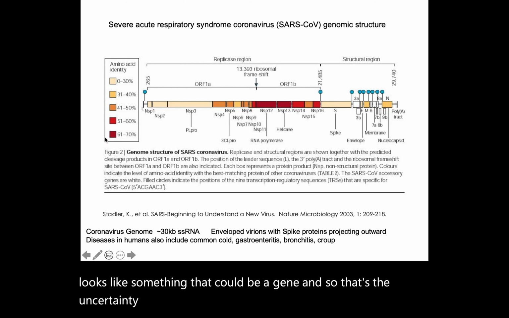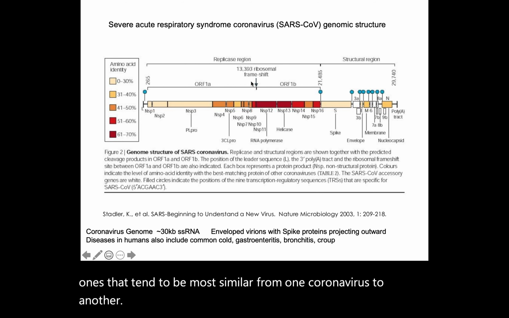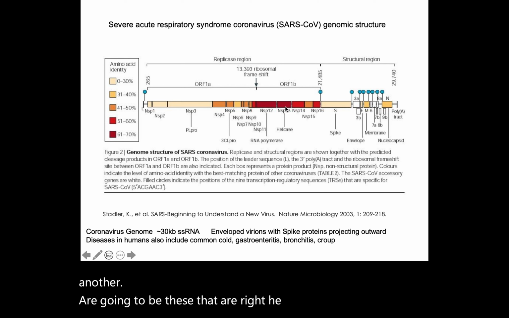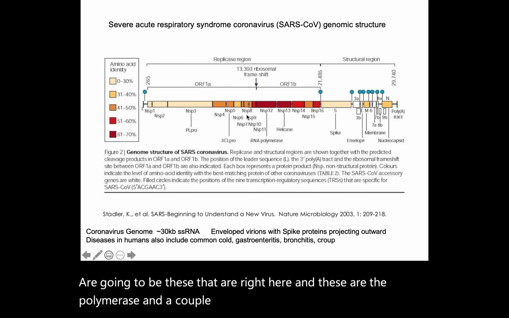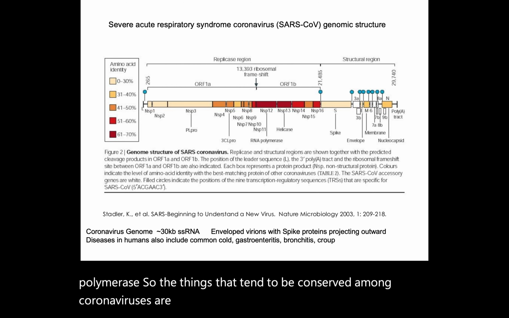But you can see in terms of conservation, the ones that tend to be most similar from one coronavirus to another are going to be these that are right here, and these are the polymerase and a couple of associated proteins that work with the polymerase.